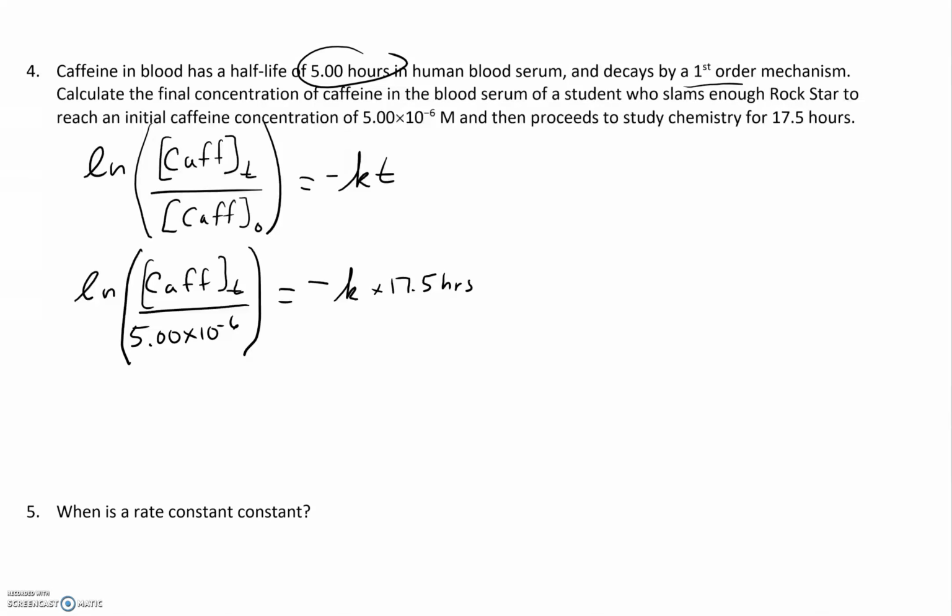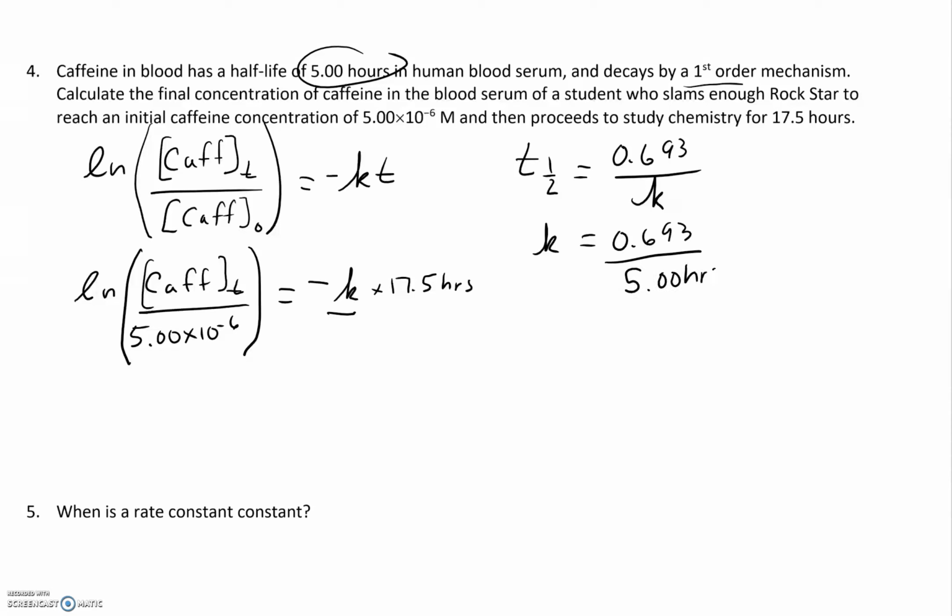Notice that we don't know the rate constant at this point, but we do know that the caffeine in blood has a half-life of 5 hours, and it's a first-order process. So we know that the half-life in a first-order process has an equivalence of 0.693 divided by the rate constant, or we can calculate the rate constant by taking 0.693, dividing it by the half-life of 5 hours.